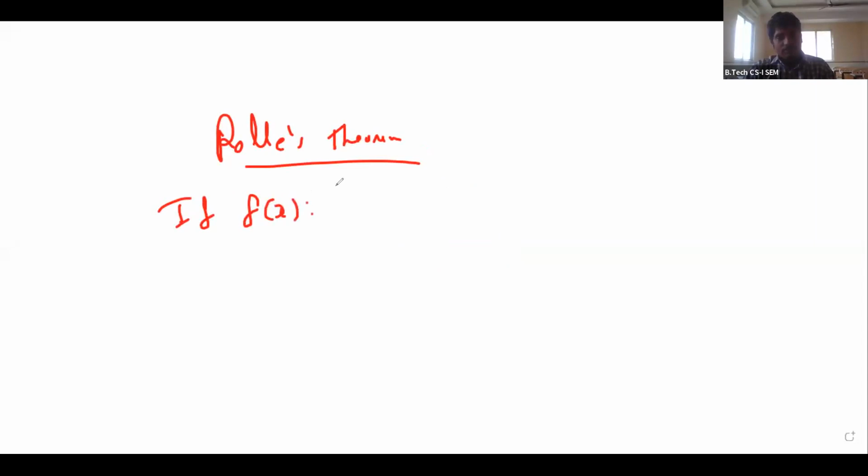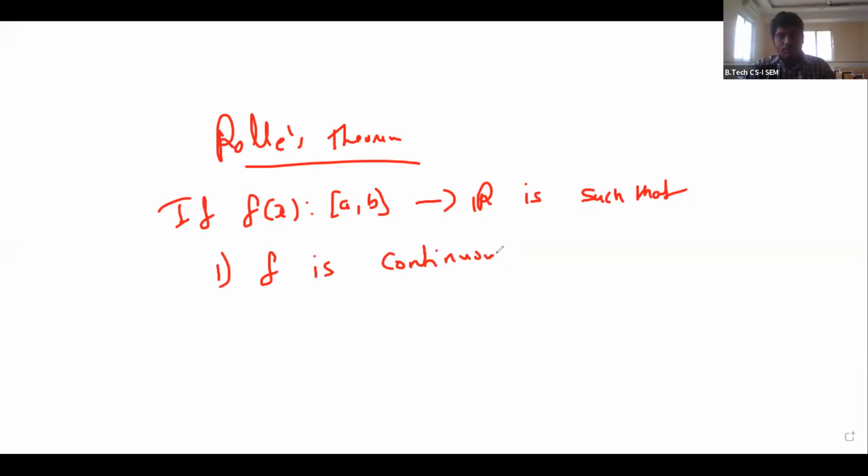Please, all of you, copy the things once again. Rolle's theorem: if f of x from closed interval a b to real numbers is such that, everybody copy it, f is continuous over closed interval a comma b.